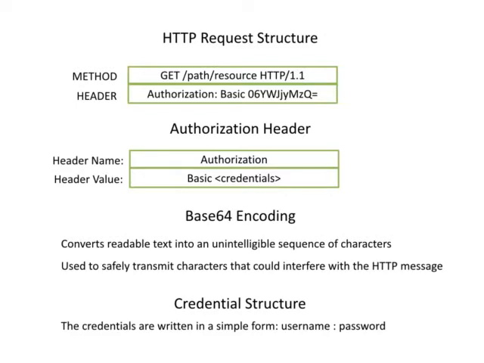In basic authentication, the header that we are interested in is called the authorization header. The name of the header is authorization and its content is the credential information of the user making the request.